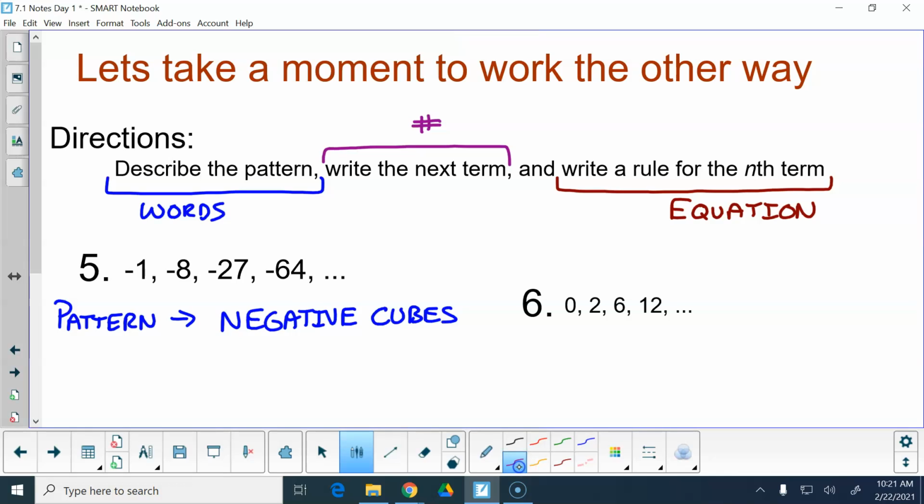Okay? So then my next term would be, so we got the first 4 terms, so then it would be -5 cubed, which would be -125.